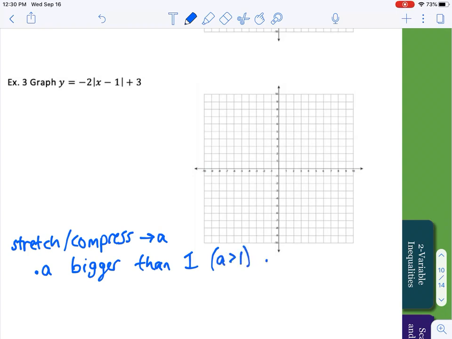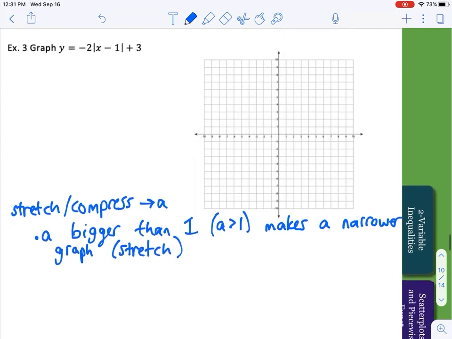This makes a narrower graph. This is called a stretch. Your math Excel will ask you about that. So to make it narrower, more like that.